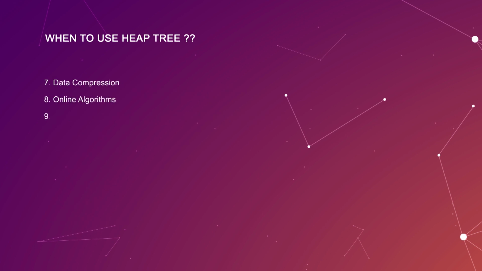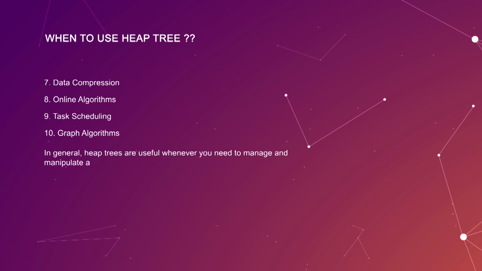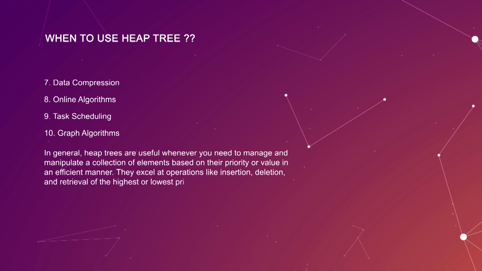Next is data compression. In various compression algorithms, heap trees are used to build optimal encoding schemes such as Huffman coding. Online algorithm. In scenarios where you are dealing with incoming data and need to make decisions in real time, heap trees can help maintain important data points efficiently.